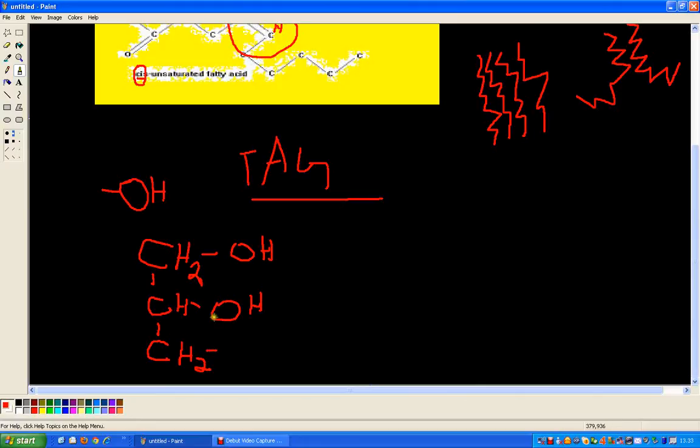There's carbons, 3 hydroxyl groups, and the hydrogen changes because this carbon is not bound to any other carbons. This one isn't either. So the only one which is bound to other carbons is this right over here, which only has one H. Carbon must have 4 bonds to be happy, let's say.